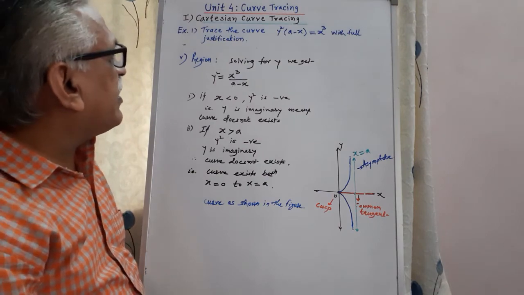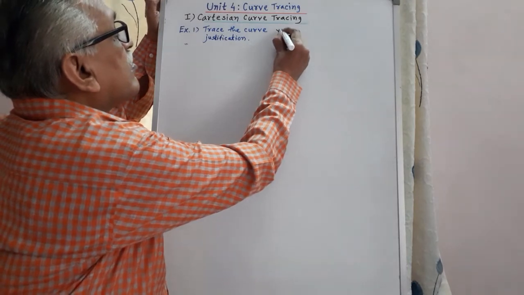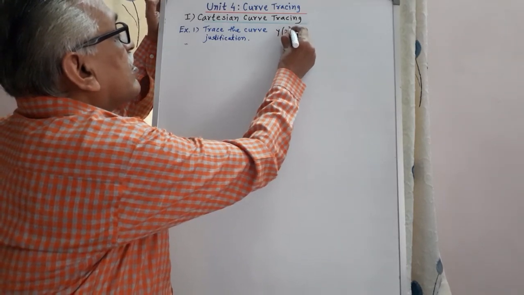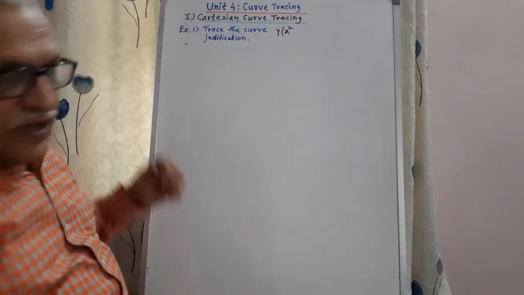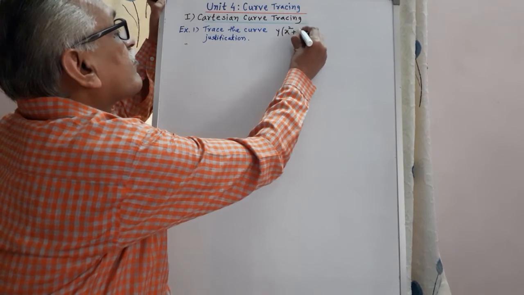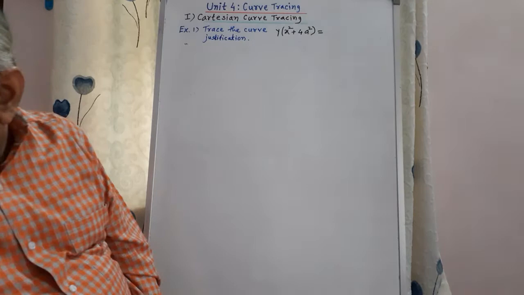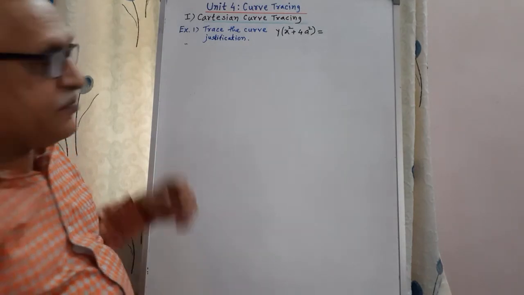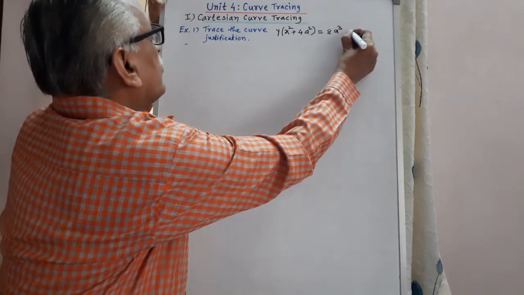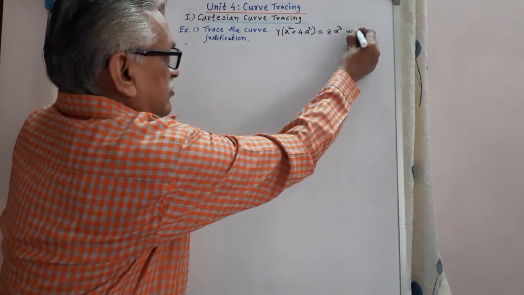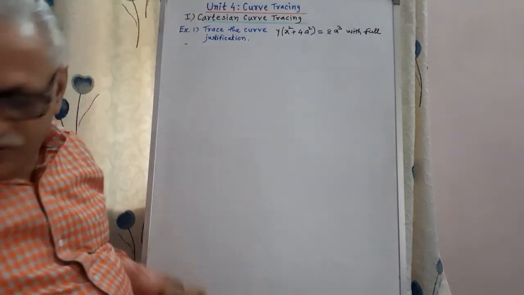Therefore, let us say another example. x square plus 4a square y is equals to 8a cube, with full justification.